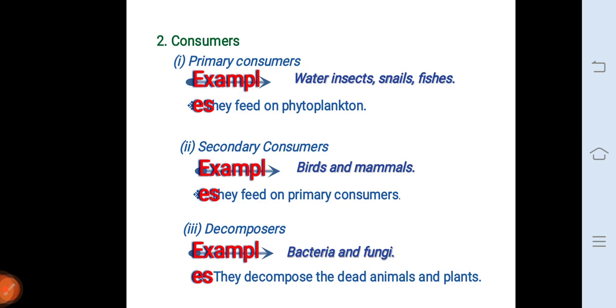And next we have to discuss biodiversity. The word bio means life, and diversity means variety. Hence, biodiversity refers to the wide variety of life on Earth. Our planet Earth's biosphere contains more than 20 million species of organisms, of which only 1.4 million species have been identified so far.